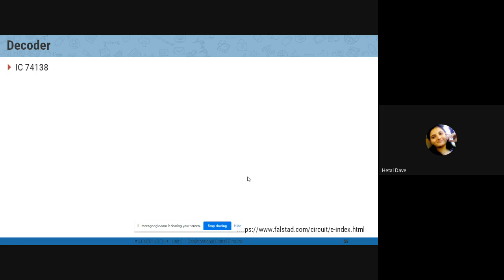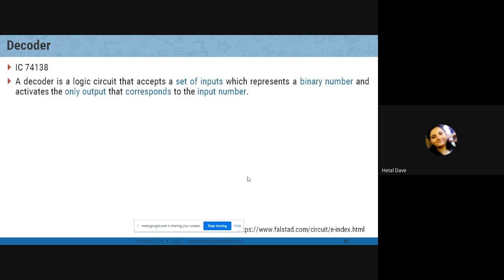So this kind of circuit is called a decoder. The same thing we studied by means of the animation is described here. What is the definition? A decoder is a kind of circuit that accepts a set of inputs, either 2, 3, 4, 5, a set of inputs that represents a binary number, and it will activate only one output line.